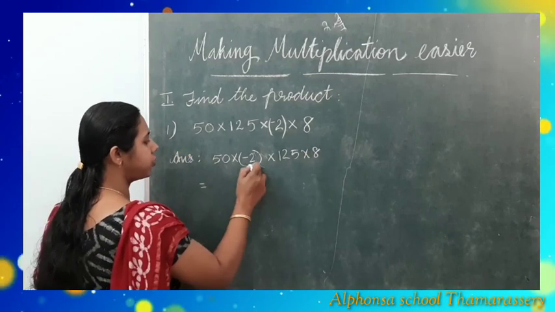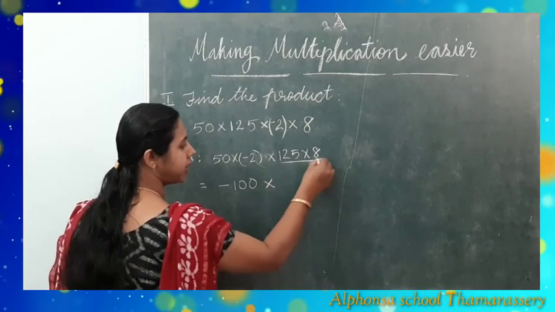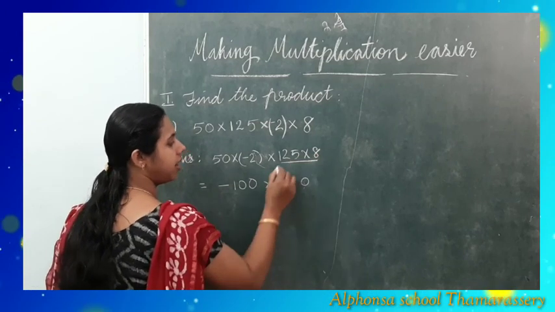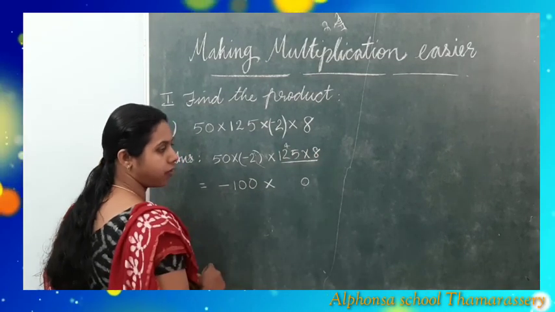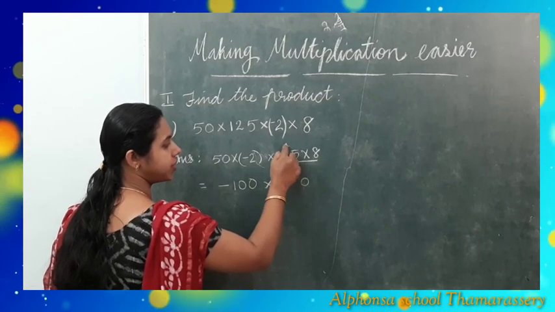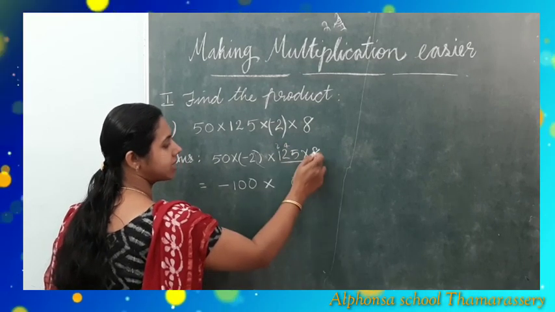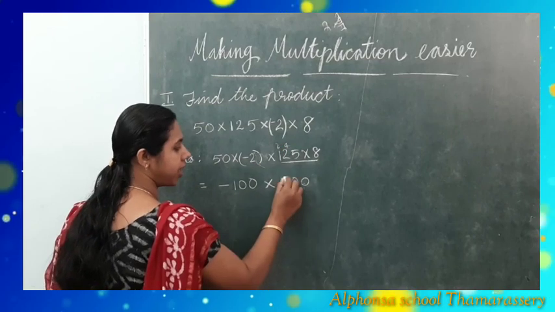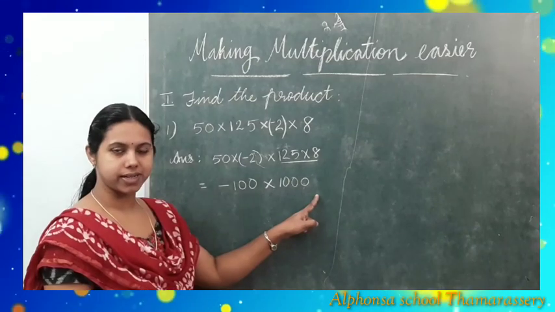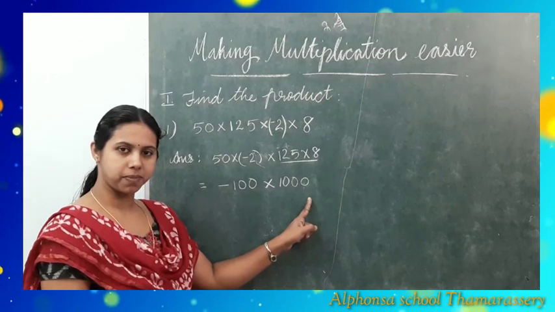Now 50 into minus 2 is minus 100, into, multiply these two, 125 into 8. 8 5s are 40, 4 is carry over. 2 8s are 16, 16 plus 4, 20, 2 is carry over. 1 8s are 8, 8 plus 2, 10. So your answer is 1000. Now it is very easy to multiply these two numbers.